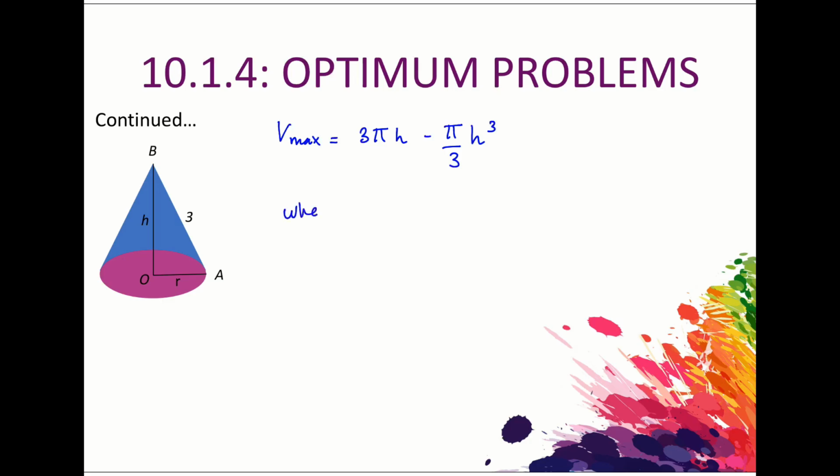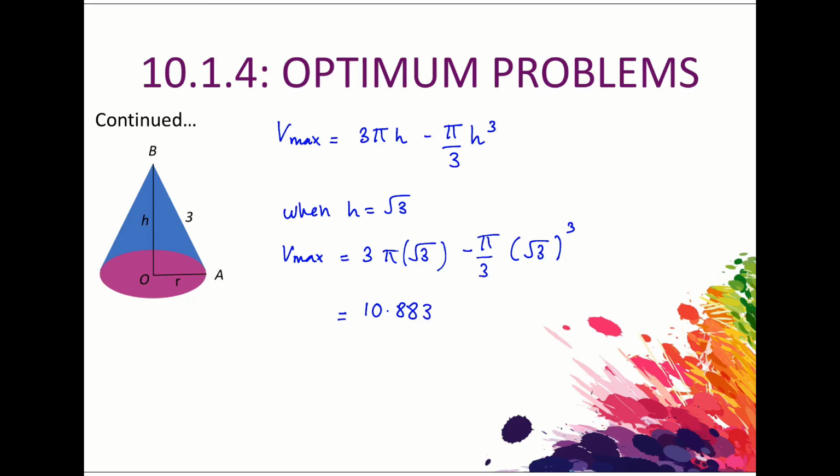So when h is equal to square root of 3, V maximum is equal to 3 pi times square root of 3 minus pi over 3 times square root of 3 to the power of 3, which finally gives us 10.883 centimeter cube. So this is the maximum volume.